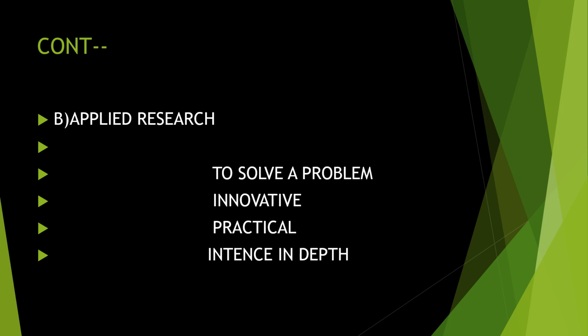How is it new? Because they are finding a solution to a problem. And it is practical. Practical means we can use it. It is not a theory part, it's a practical one. And intense in depth means it is the very core of it. It can have a high depth of knowledge and it is very applicable to the society. That is why it is called applied research.